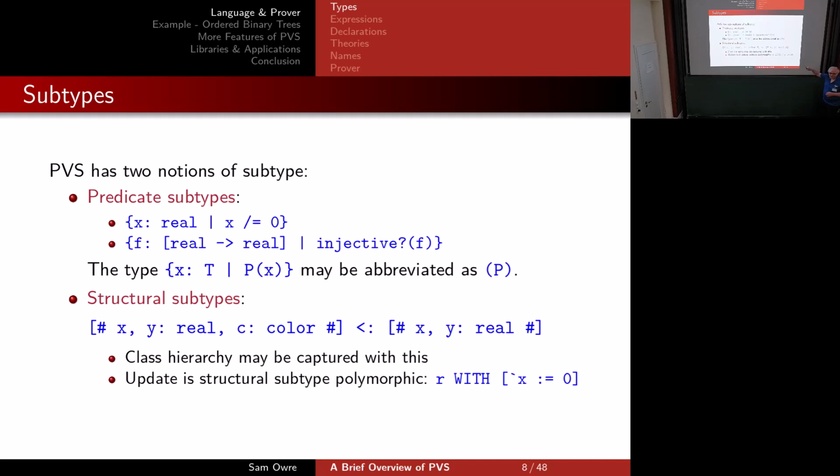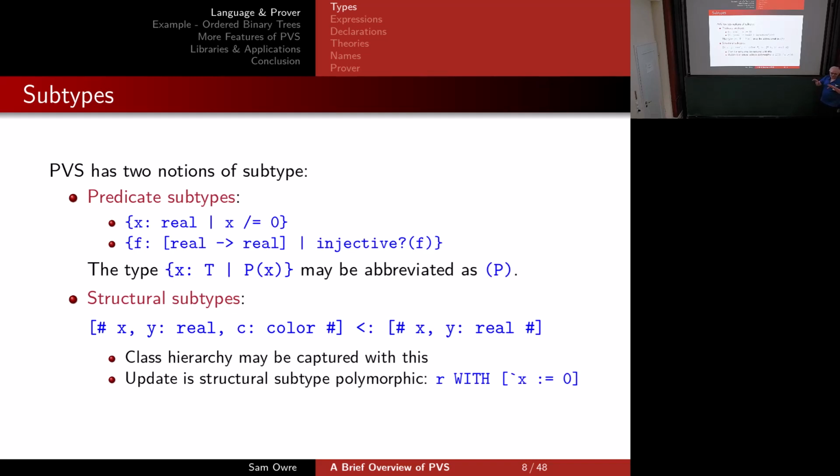And then you get subtype TCCs that say, prove, usually it ends up being a proof of y not equal to 0 implies y not equal to 0, and you don't see those TCCs, they're simplified away even during type checking. But it often shows you where something goes wrong because you've forgotten to take the case that y might be equal to 0.